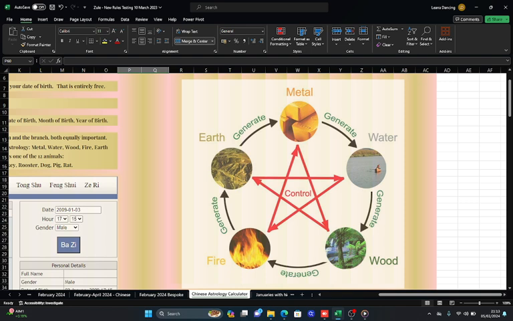So the arrow's direction matters: where the arrow is coming from is the dominating role, and where the arrow is pointing to is the submissive role. That's what you need to understand about these elements in terms of finance.